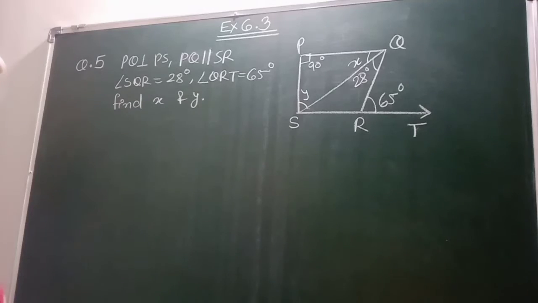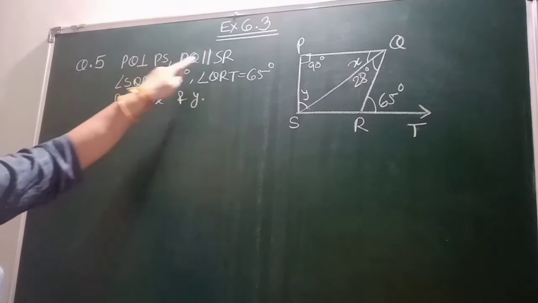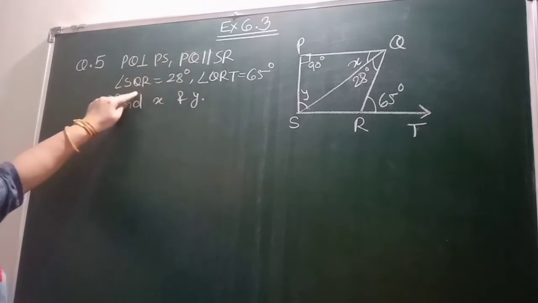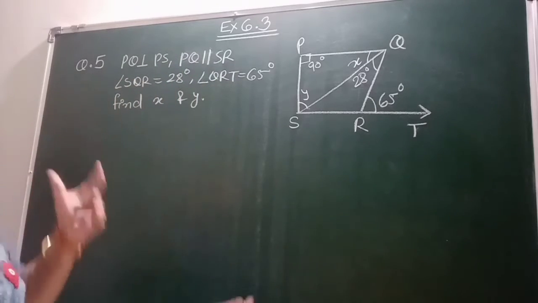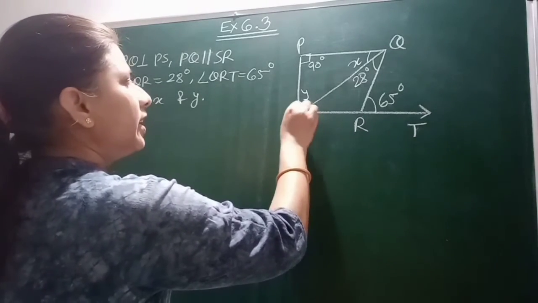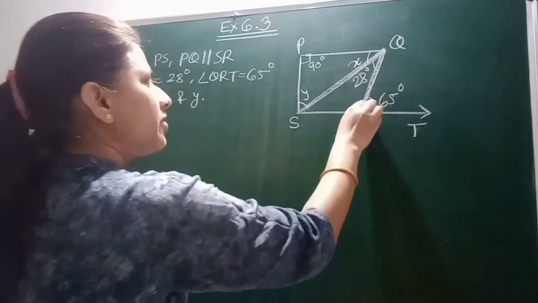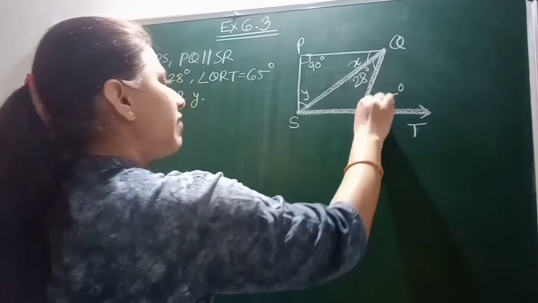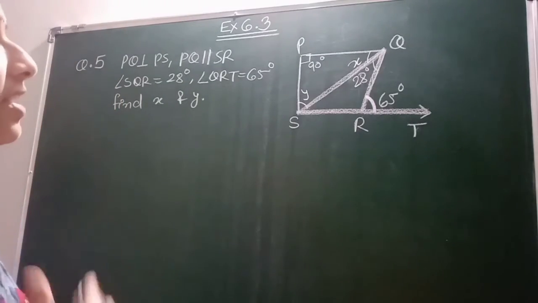Student, here four things are given: perpendicular, parallel lines, and these two angles. So we will use all these given parts. First, as you can see, this is a triangle, and for this triangle, this 65 degrees is an exterior angle.